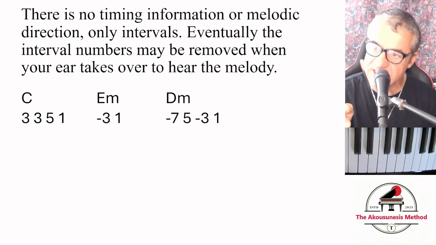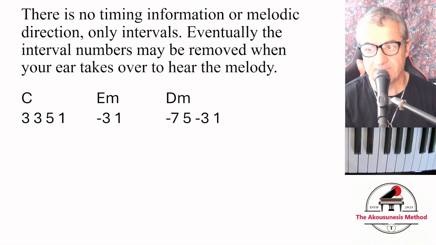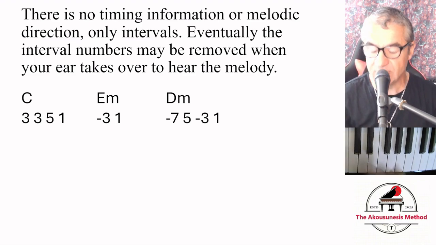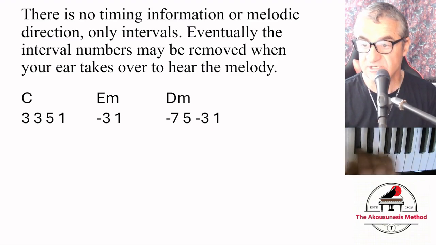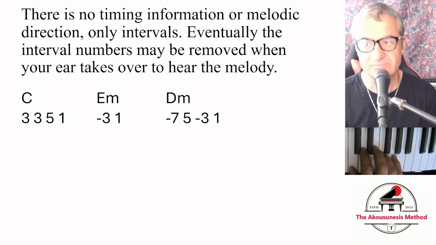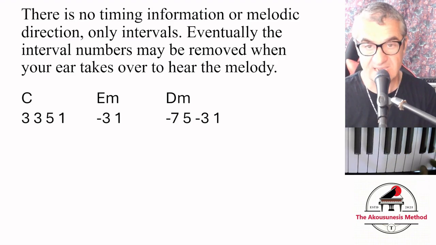You'll also notice that the numbers represent the melody, but they don't tell you whether to go up or down. That C could be C up here, or C down here. The third is the E note. The E could be down here, E could be here, E could be up there.